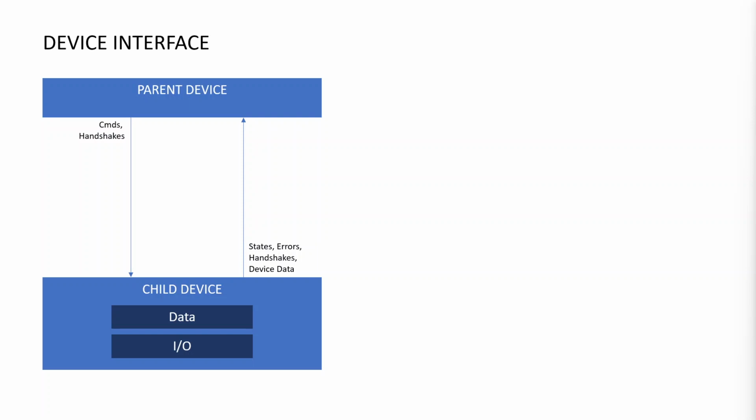In order to enable some customization between devices that may need custom commands, we have something called handshakes. In a handshake, effectively you have a request bit and then a done bit to complement the request bit.